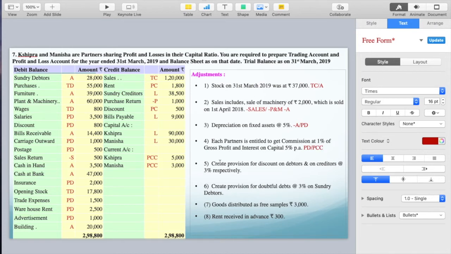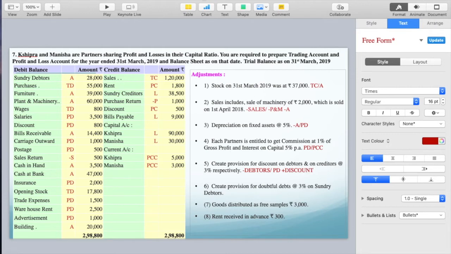Next is create provision for discount on debtors and on creditors at the rate of 3% respectively. Now this is provision for discount, right? First we'll talk about the debtors: less from debtors, and P&L debit side, add to discount.